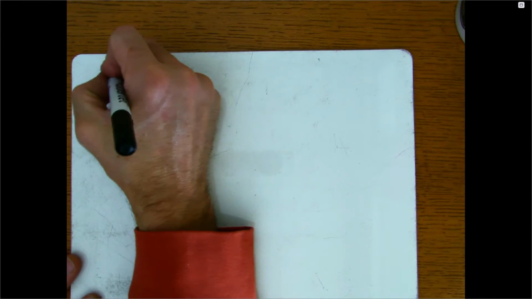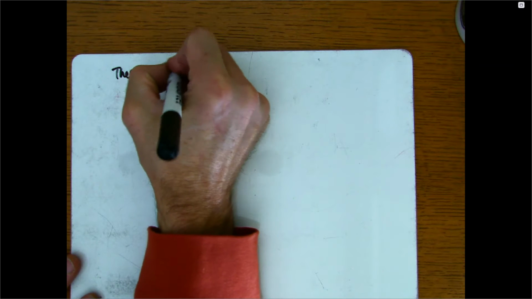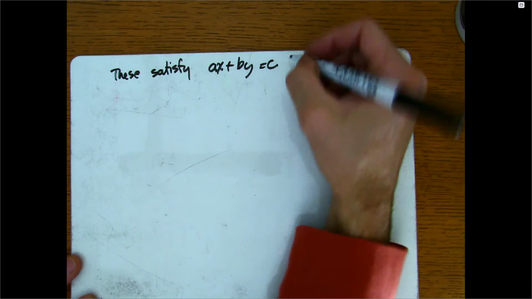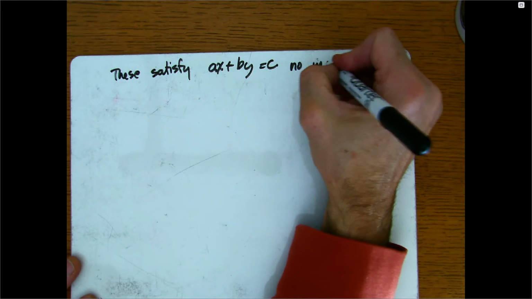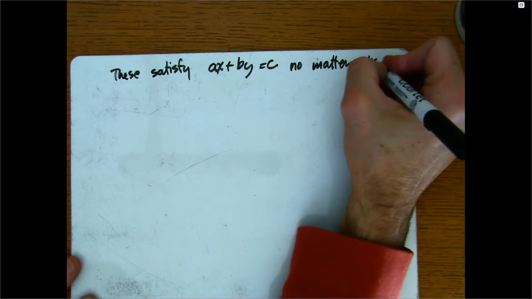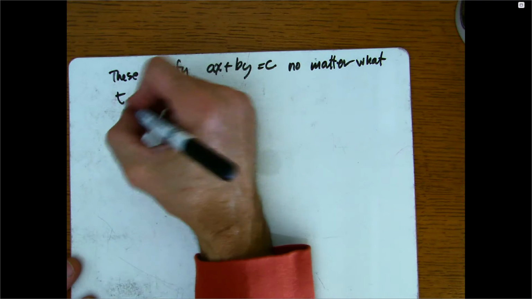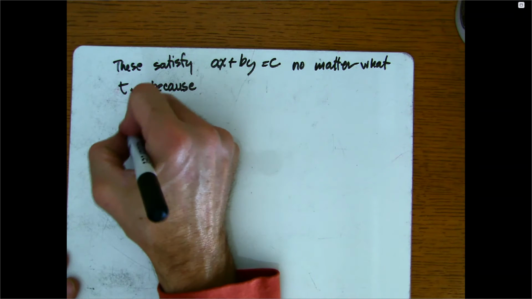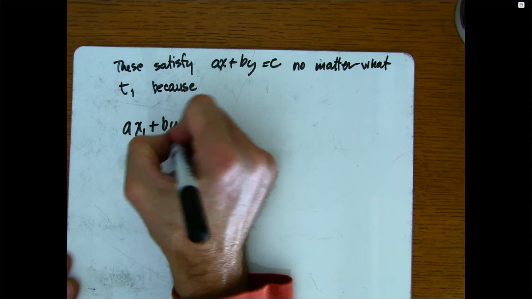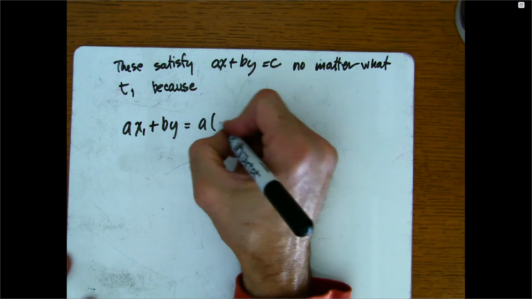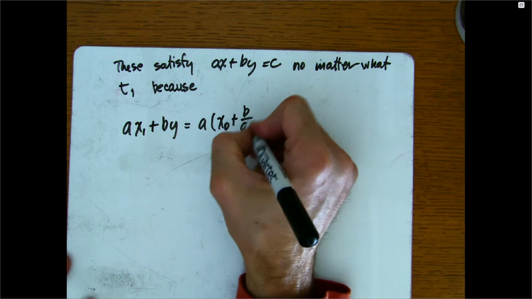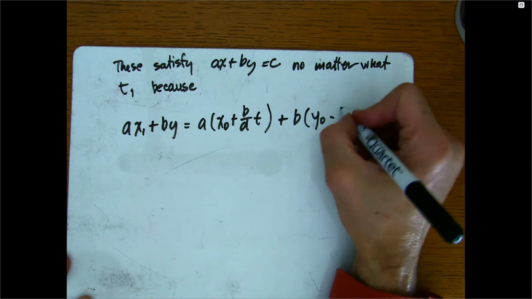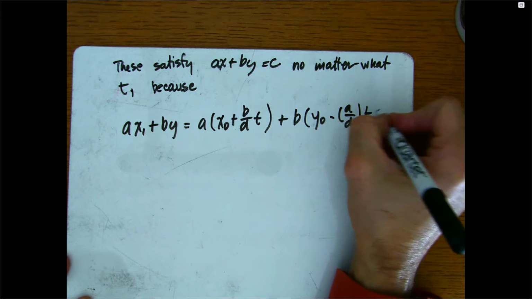So we could say that these satisfy ax plus by equals c, no matter what t, because, well, let's just plug them in. So a times x1 plus b times y1 would be the same thing as a times x0 plus b over d times t, plus b times y0 minus a over d times t.